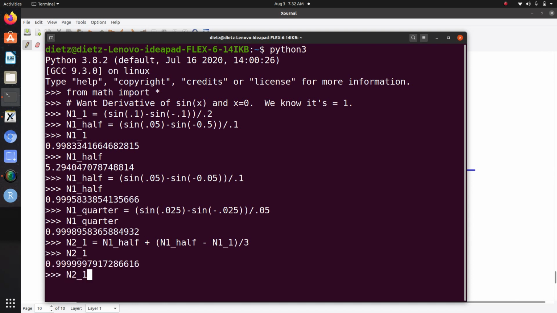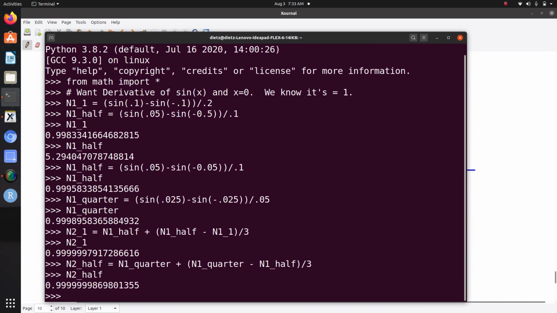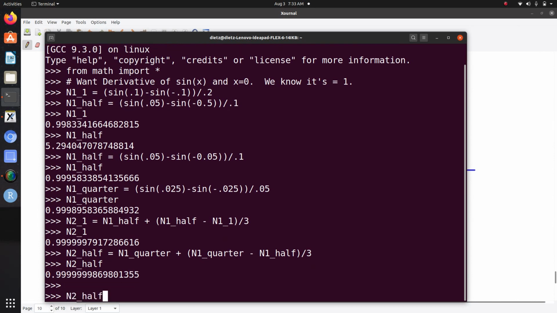That worked. And then n2 half is n1 quarter plus n1 quarter minus n1 half, over 3. Alright, it's getting closer to 1. Now we're going to do a single n3 round. So what does n3 look like?